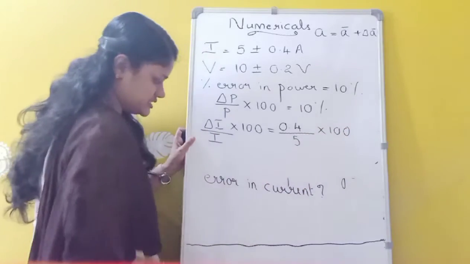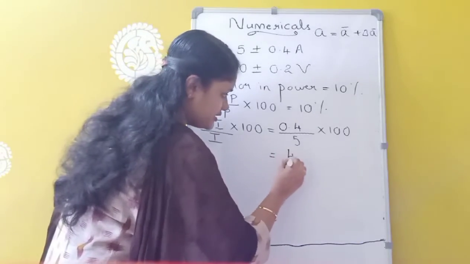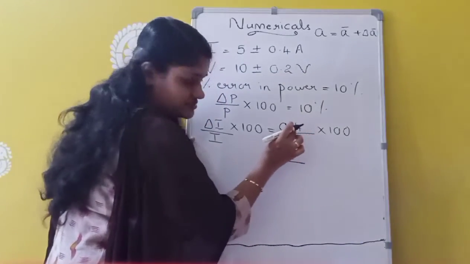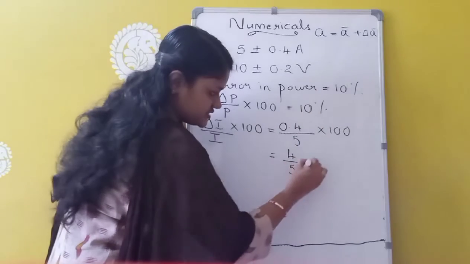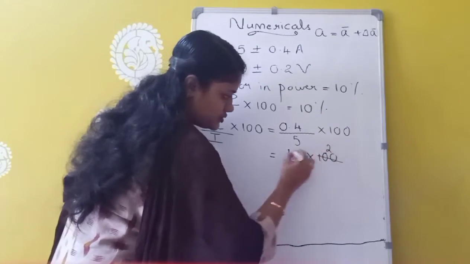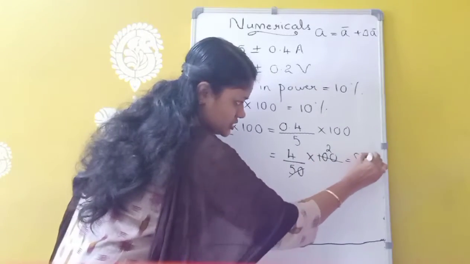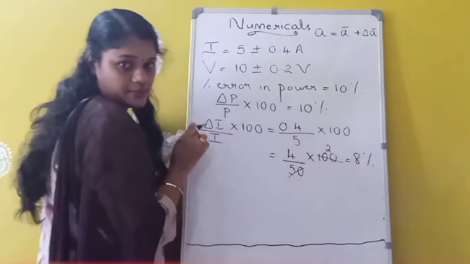I am removing the decimal here, so I will get 4 divided by 5 into 10, since after the decimal there is only one digit so I am dividing by 10. So 5 into 10 is 50 into 100. Cancelling, I will get 4 into 2 is 8%. So the percentage error in the measurement of current is 8%.